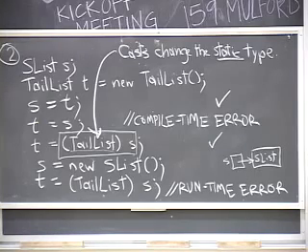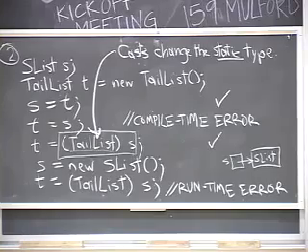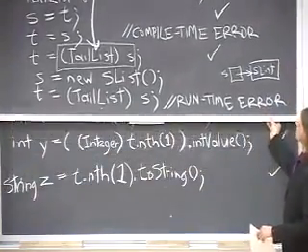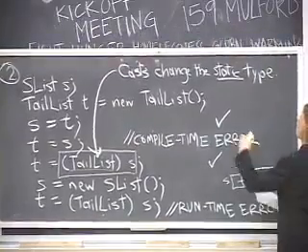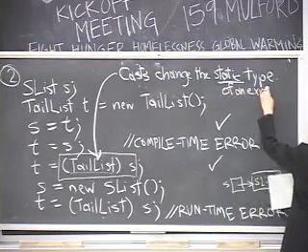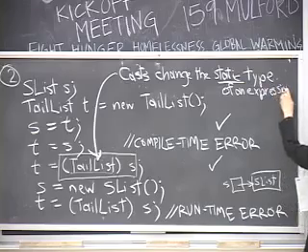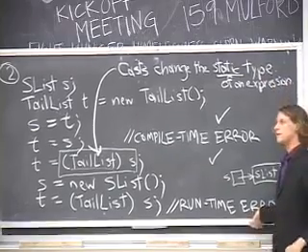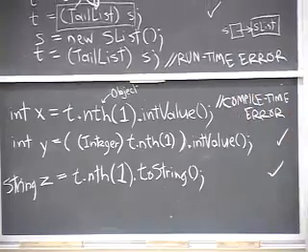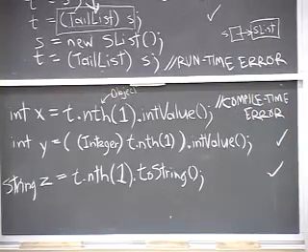And therefore, you can call tail list methods on it. So a cast changes the static type of an expression, not the original variable. Other questions about this?